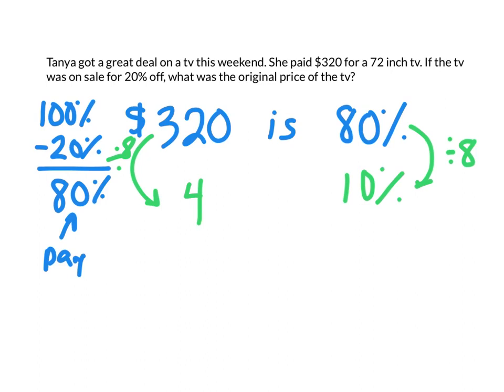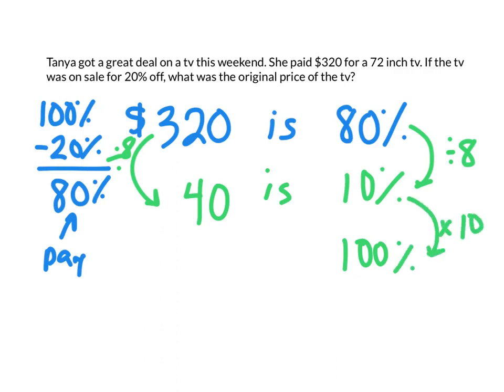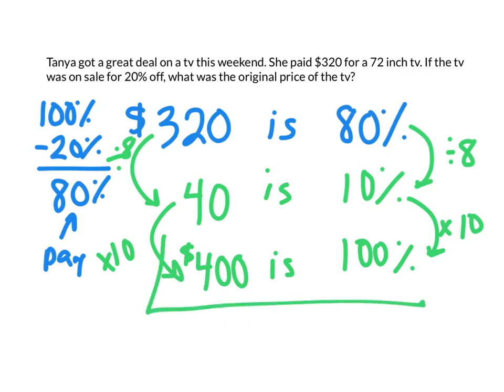So 320 divided by 8 would be 40. So we want to get to 100%. So times by 10. And we end up with the original price is $400. So 400 seems to be our lucky number in these problems.